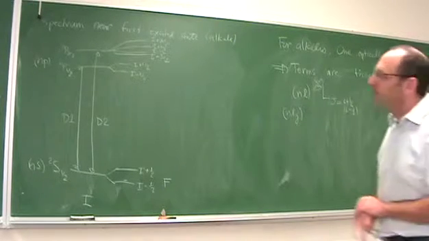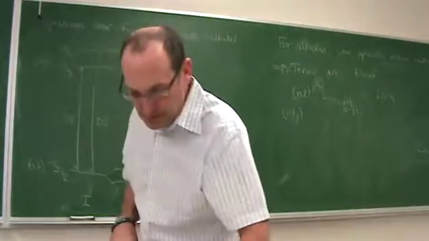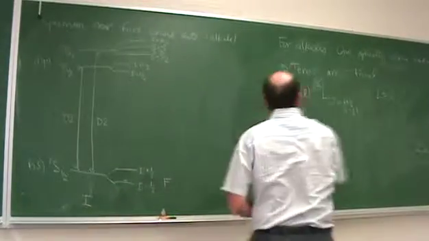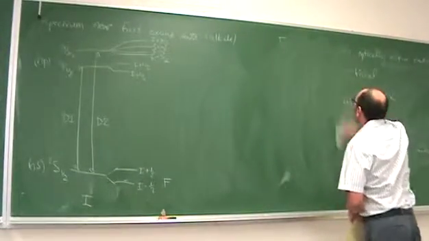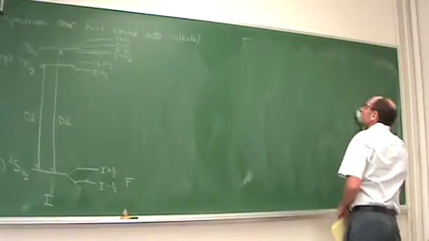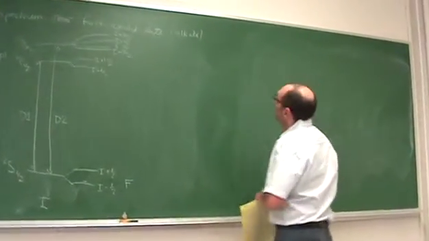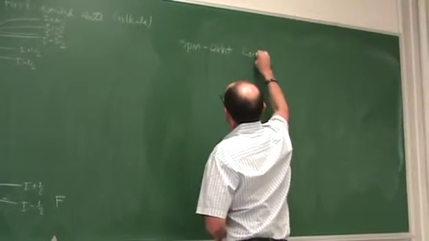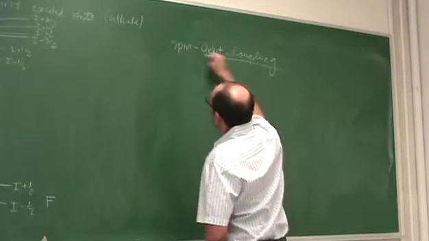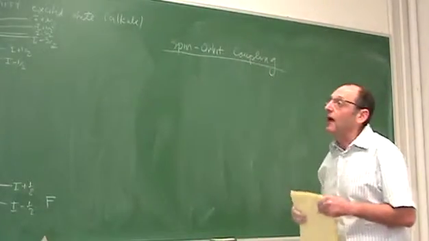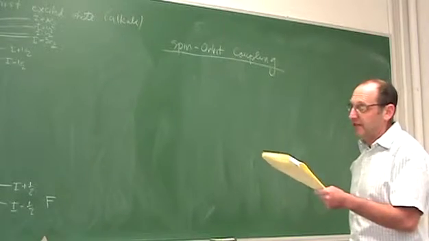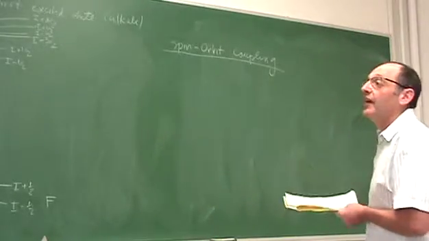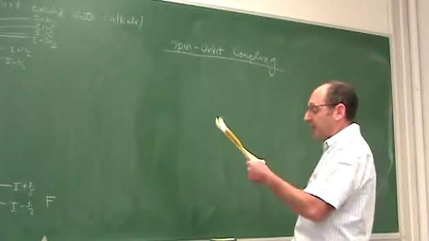Right. So just for fun, just to get a sense of how big the fine structure splitting is, the spin orbit coupling is a big effect in the alkalis because those electrons, especially in things like cesium, as we'll see in a moment, have huge fine structure splitting because those electrons are whizzing around pretty fast.